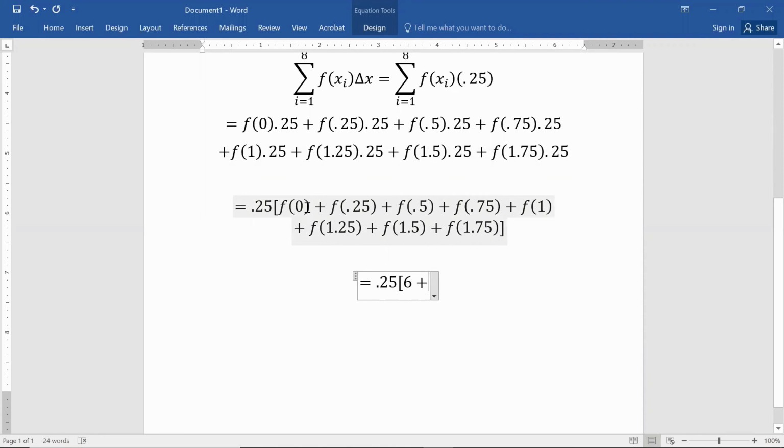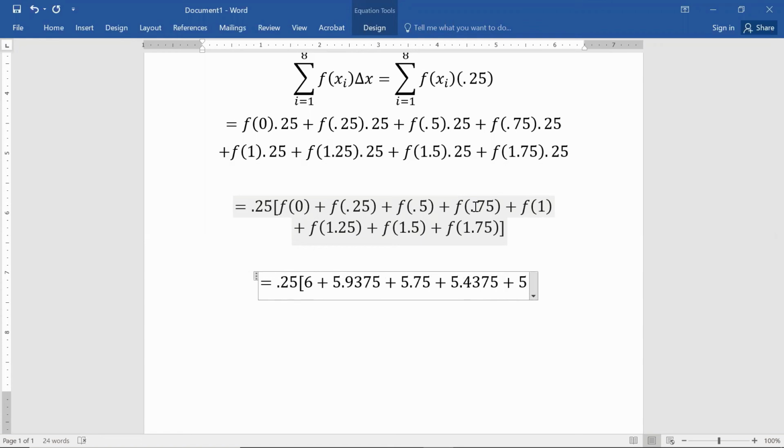When you plug in 0.25, you get 5.9375. When you plug in 0.5, you end up with 5.75. When you plug in 0.75, you end up with 5.4375. When you plug in 1, you end up with 5.